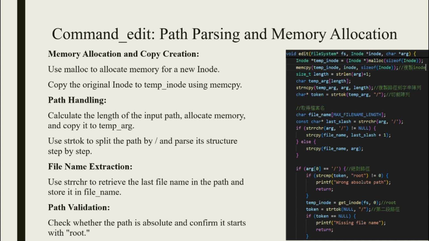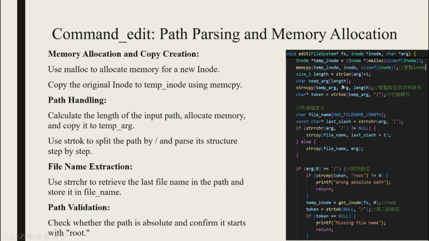And arg is the input path. Its length is calculated and a temp arg with that length is declared to store a copy of the path. The input path arg is copied into temp arg.